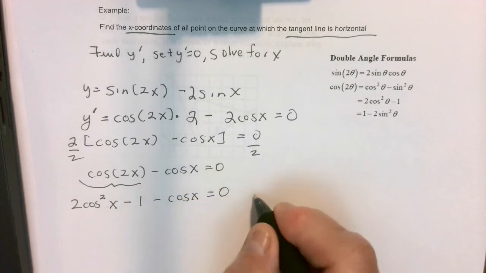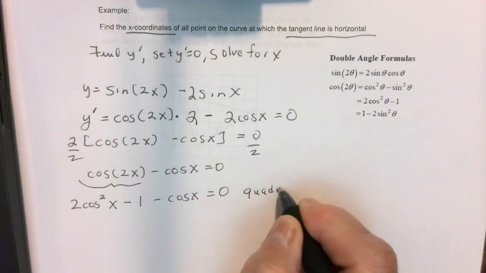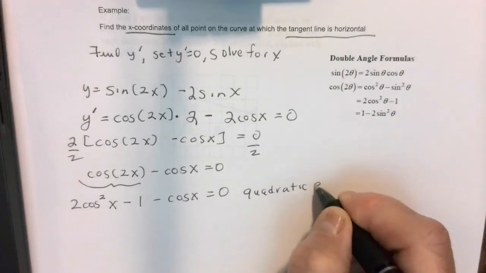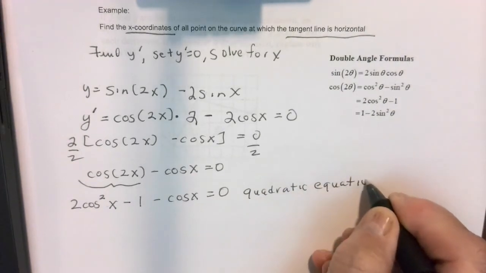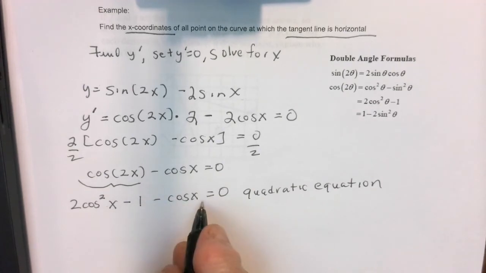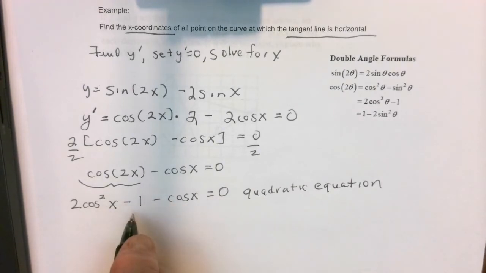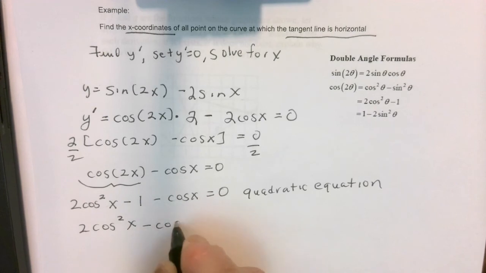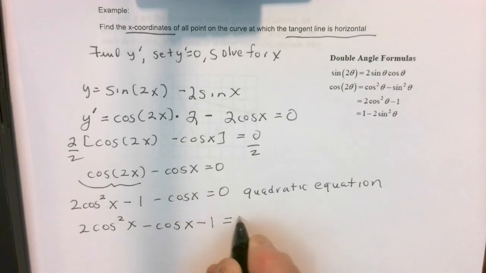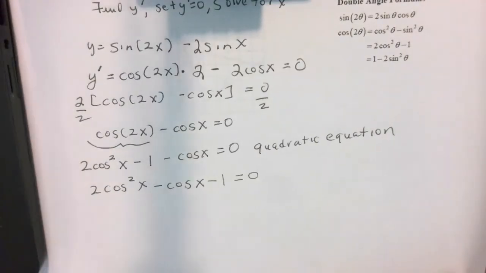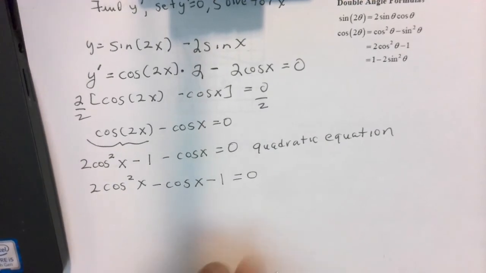This is a quadratic. It's a quadratic equation, or it's in the form of a quadratic. The only thing that's different is instead of x squared, we've got cosine x squared. So I'm going to rewrite it in this order. And you see it is a quadratic. You can do a substitution if you want.